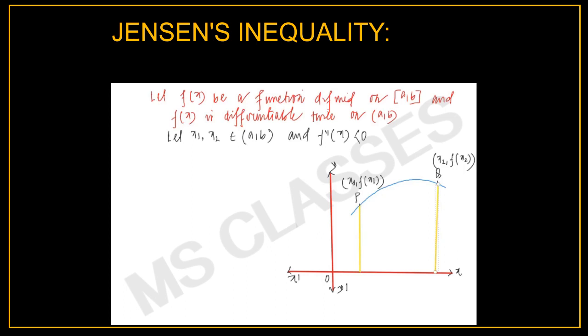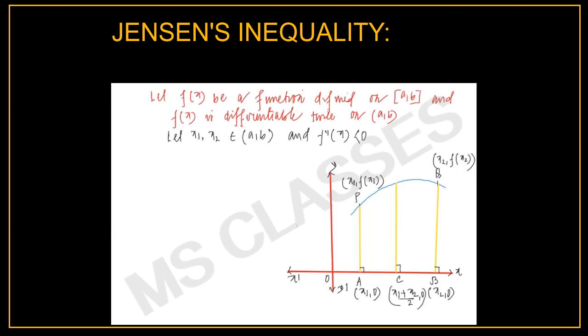Now we take a point here as R. Now this point is A, the foot of the perpendicular, so this is (x1, 0). Here is the point B, which is (x2, 0). Here is the point we take as C, and we take this one as ((x1 + x2)/2, 0).